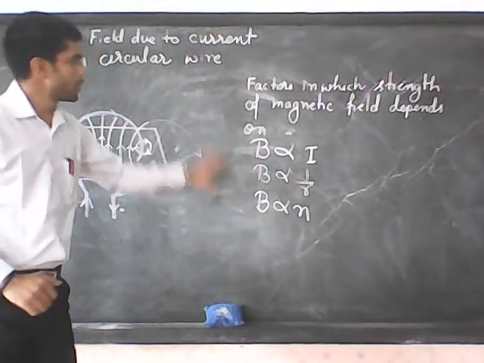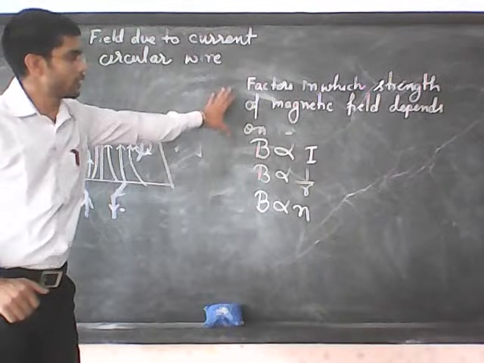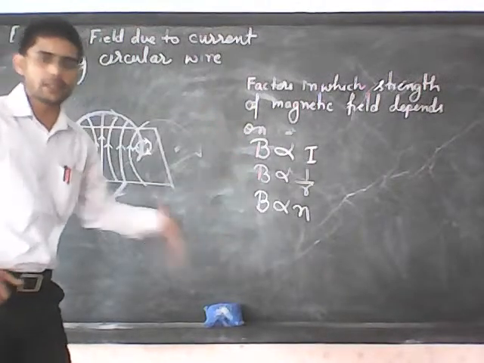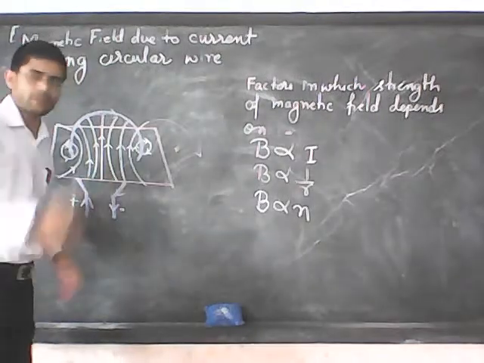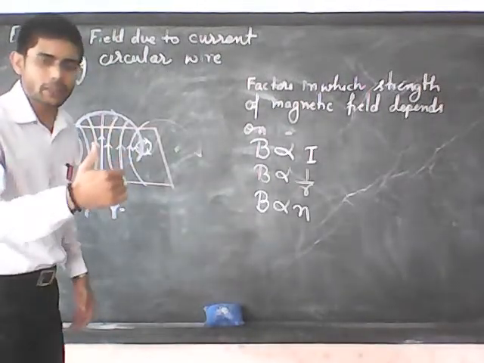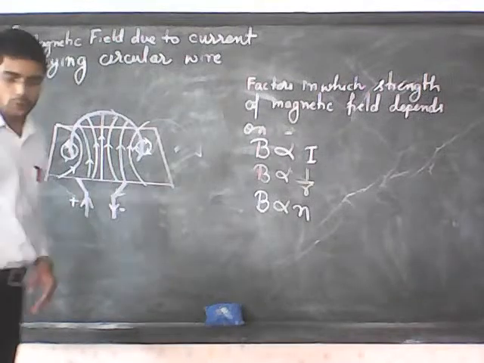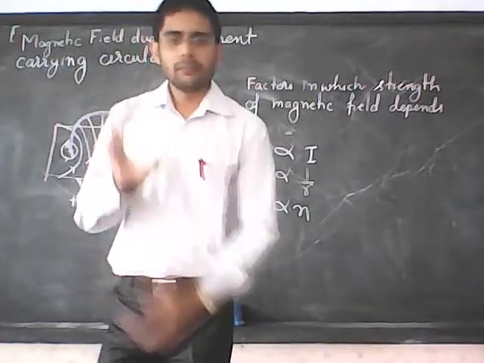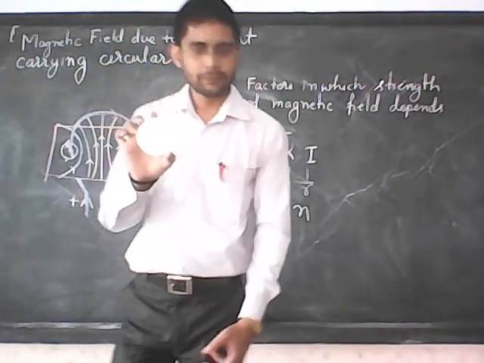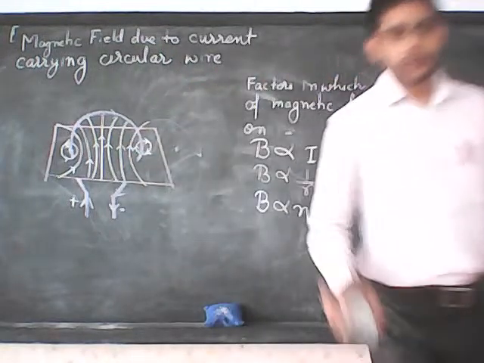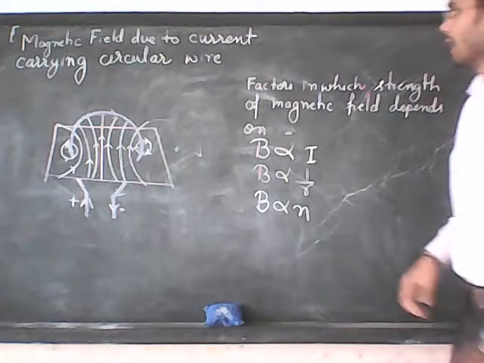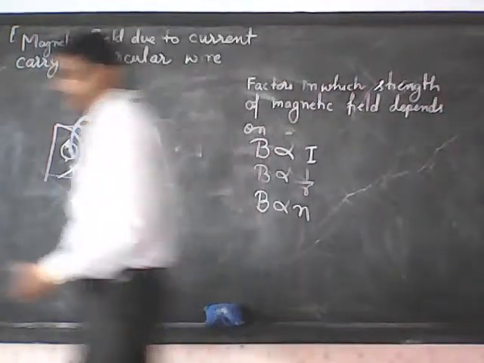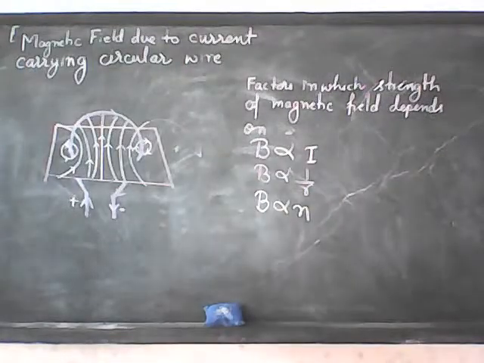Is that okay? So these are the factors on which the magnetic field depends. And the direction you can find out either by the right hand thumb rule or by placing a magnetic compass. Right? So this is the concept of magnetic field due to a current carrying circular wire.